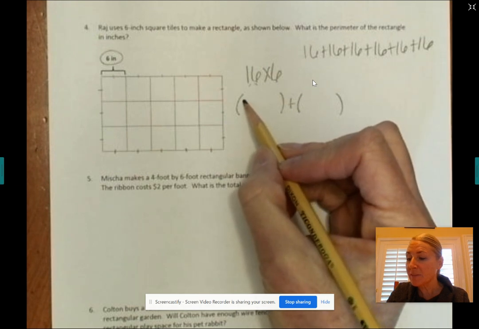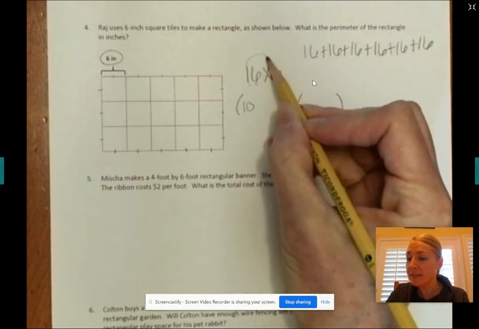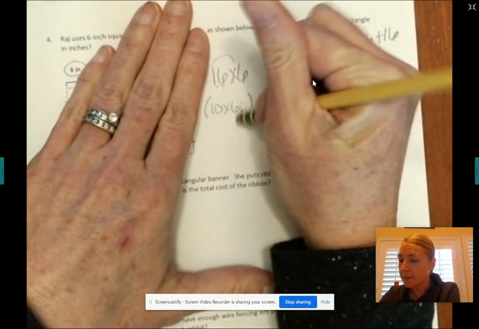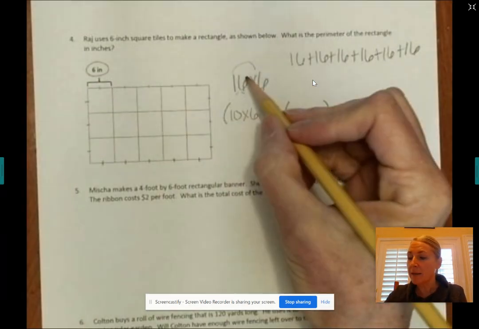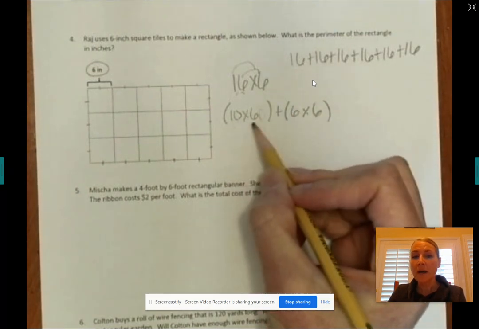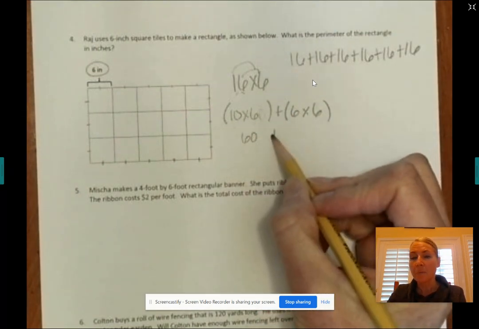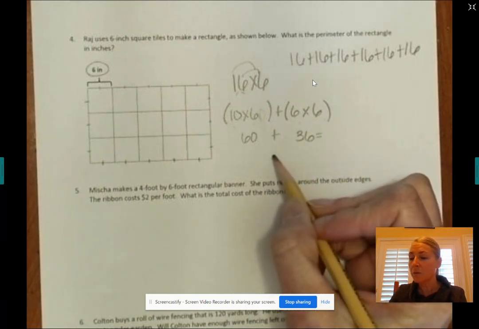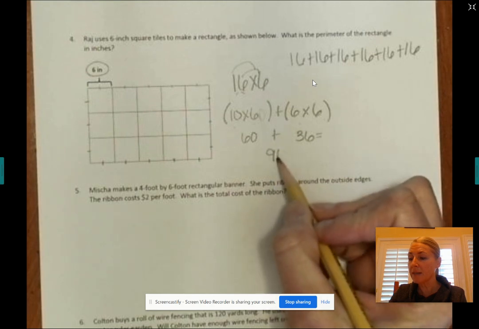So we have the 10 times the 6, that's 60, plus the 6 times the 6. Okay, so here I end up with 60 plus 36, which equals a total perimeter of 96.